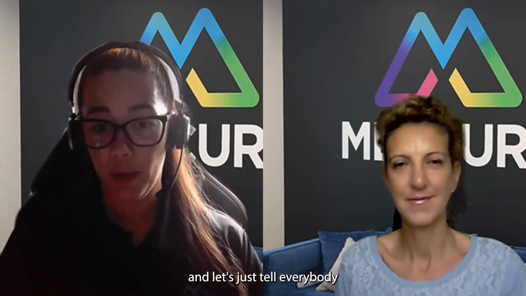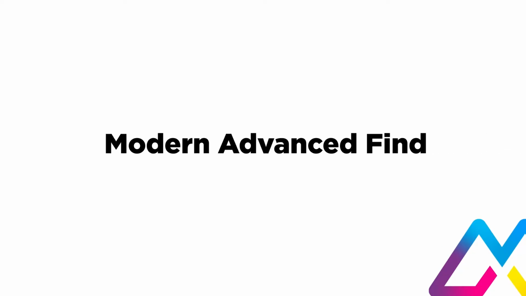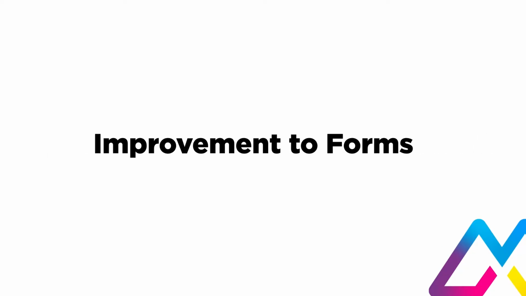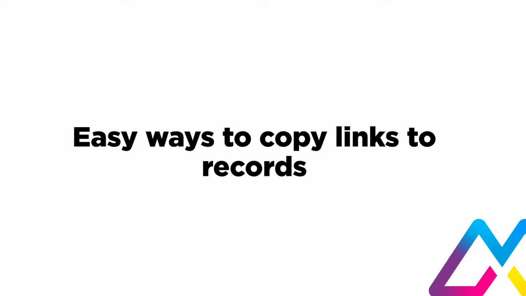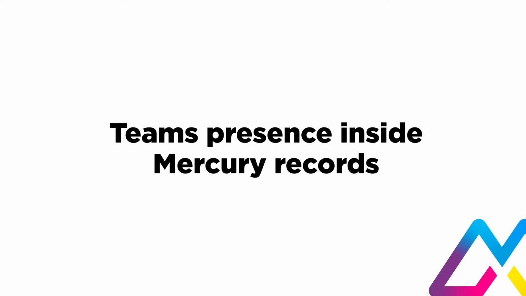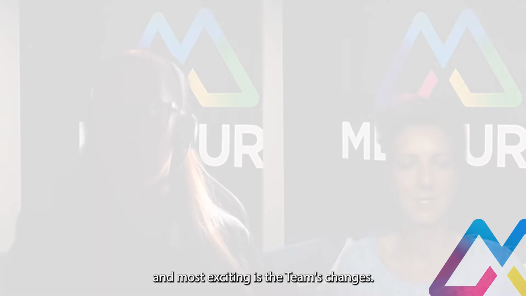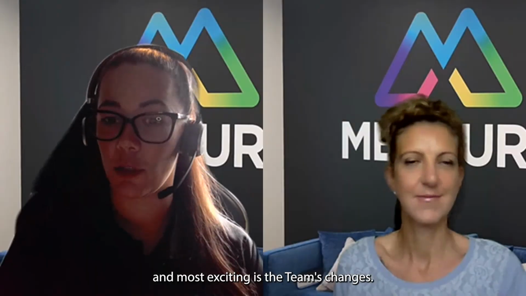Okay, so let's just get straight into it and tell everybody all the amazing updates they're going to get in the near future. The main topics we're going to be discussing today are modern advanced find, improvements to forms, ease of copying links to records, the new save as new view, the ability to view your colleague's presence while you're in a record, updates to customer voice, and most exciting, the Teams changes.